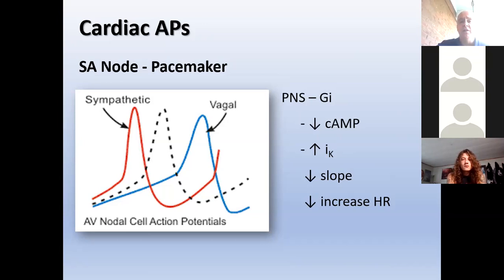This is more direct. So your norepinephrine activates cyclic AMP production, and that directly activates these funny current channels. They're called HCN. Cyclic nucleotide. I forget what the H stands for, but the CN is cyclic nucleotide.